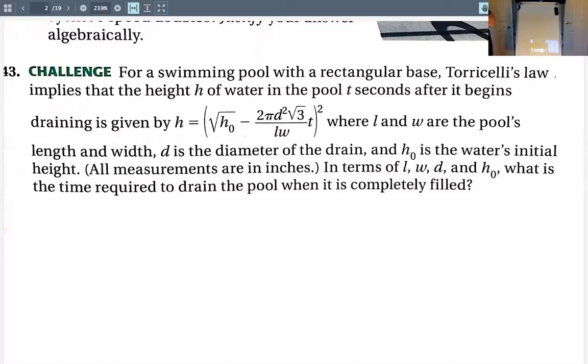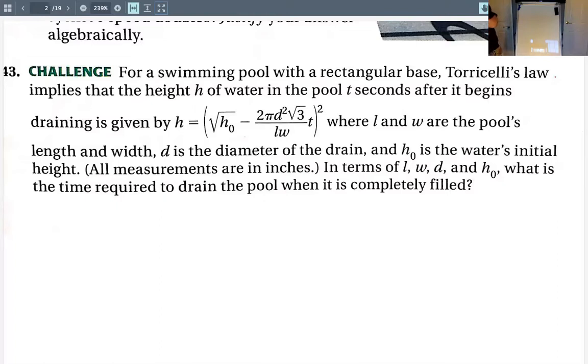It's like an intercept. h and h naught are equal to each other at the start of the problem, and then you get all these other things.